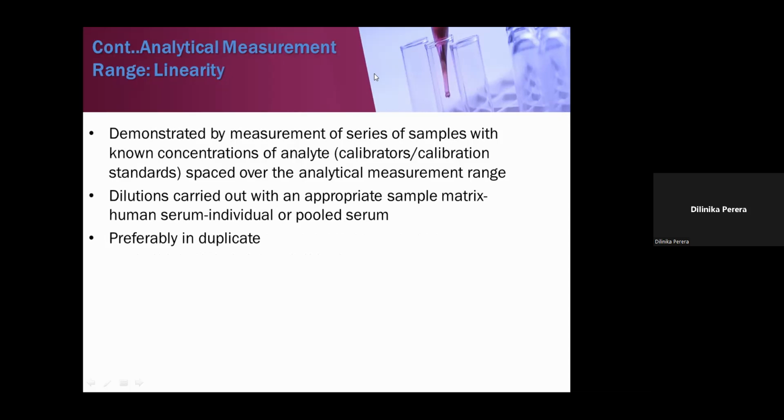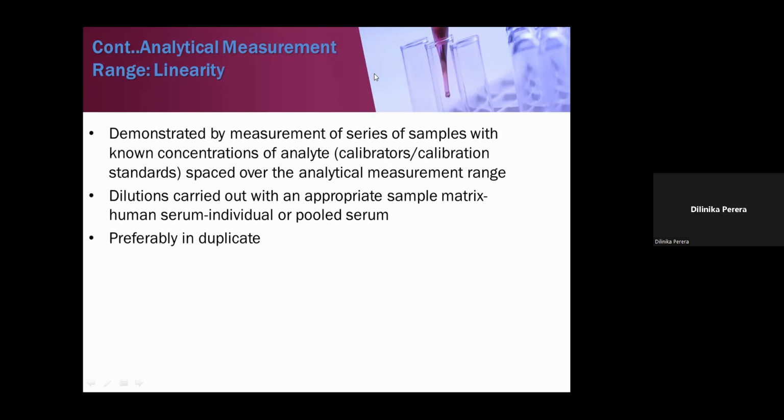How can we demonstrate it? We can take a series of samples with known concentration, maybe calibrators, spaced over the analytical measurement range. Another option is to take a high concentration sample and do serial dilutions, with an appropriate sample matrix, especially human serum.